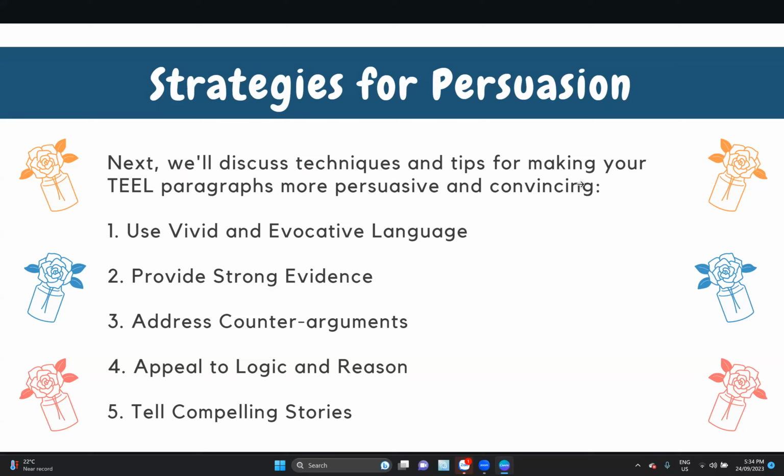So really, so I suppose you could also use the term descriptive language as opposed to evocative language, because the more descriptive that you are, the more of a picture that you can paint for your audience.